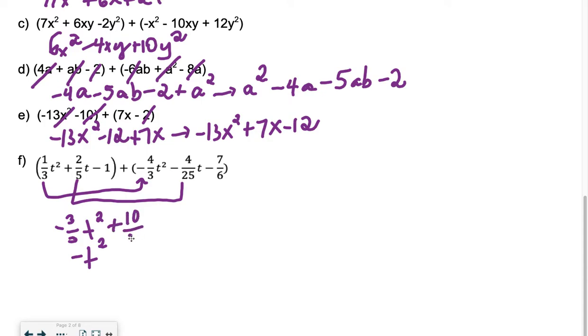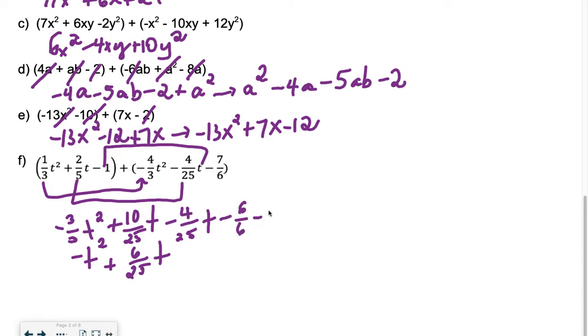You are responsible for knowing how to obtain common denominators. So that combines to 6 over 25t. And then negative 1 minus 7 over 6. I can rewrite that as negative 6 over 6 minus 7 over 6, negative 13 over 6.